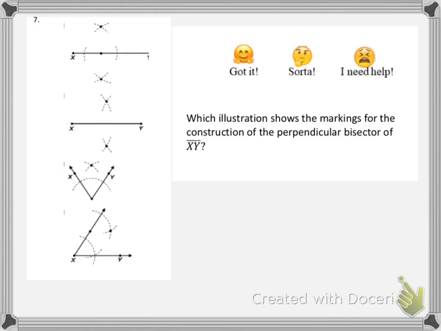On this one, it's asking which illustration shows the markings for the construction of the perpendicular bisector. So for XY, first of all, that's one of the things that we've got to look at whenever you had constructed perpendicular bisectors. And so we talked about this a little bit in class. So the perpendicular bisector ends up being this one right here because of how the tick marks are set up.